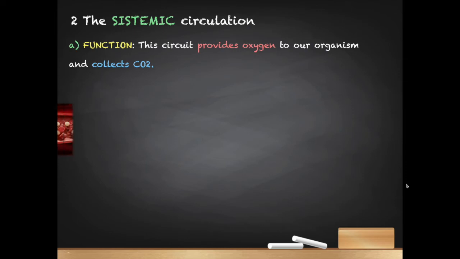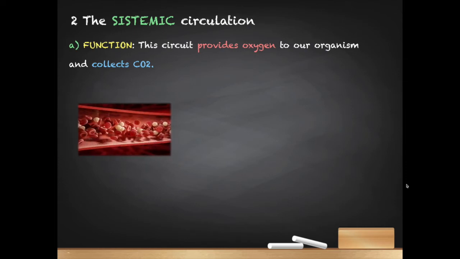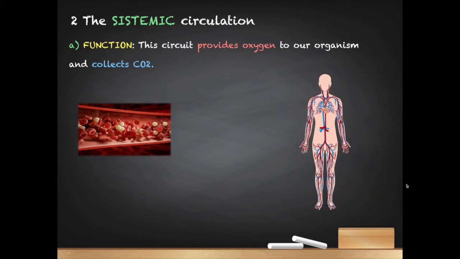Okay, look, this is again, one more time, a picture about our blood, and this is a picture about our blood vessels. Okay, the blood vessels of our bodies, and the blood will provide oxygen to our body. You see, the blood provides oxygen to our body, to our organs, muscles, bones, everything.